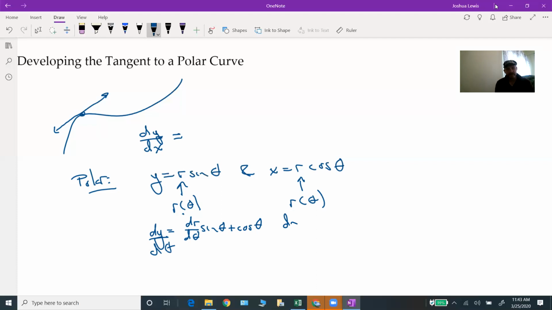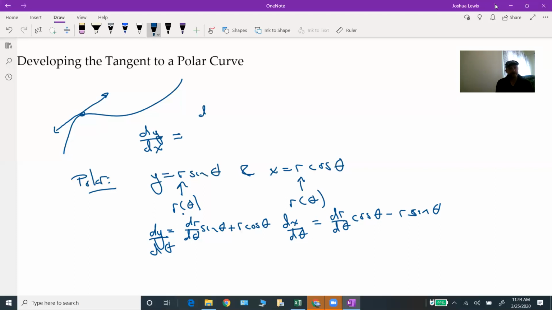And then dx/d theta is going to be dr/d theta cosine theta minus r sine theta. I'm sorry, guys, I forgot the r over here. Let me fix that. So dr/d theta sine theta plus r cosine theta. Okay. And so what does my dy/dx become?